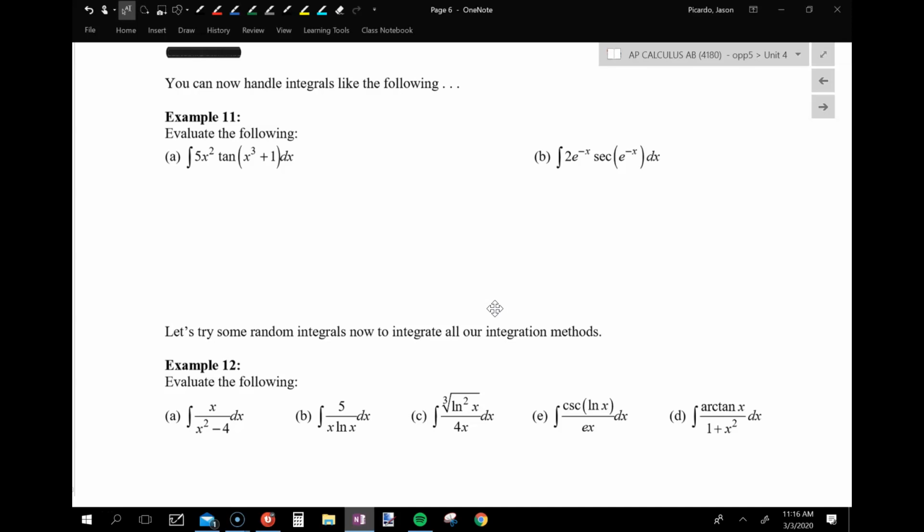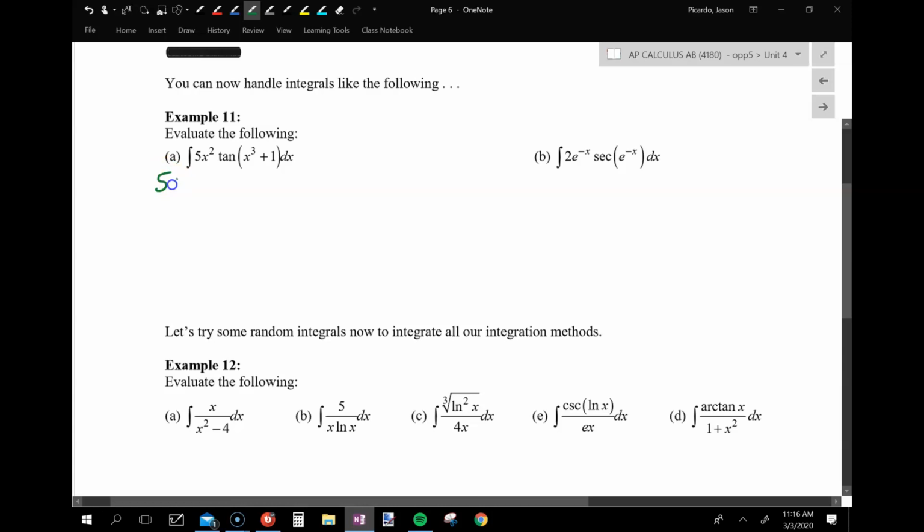All right, guys. Example 11. Now we should be able to handle a problem like this. If we look at this type of problem, give me something that we can do. Move the 5. I would agree. Let's get the 5 out of there. That gives us this.